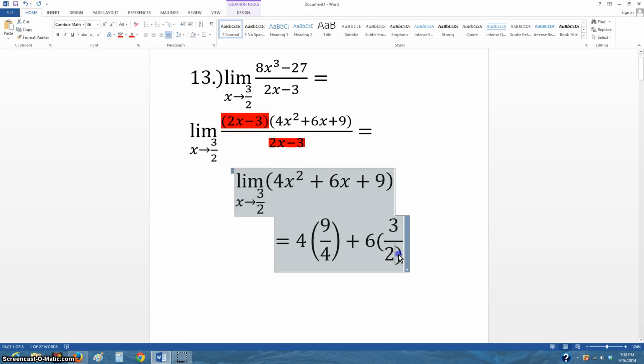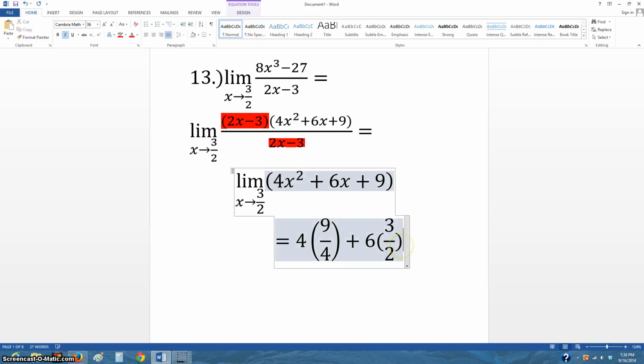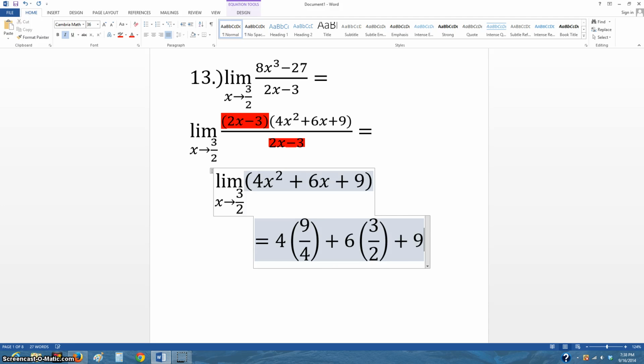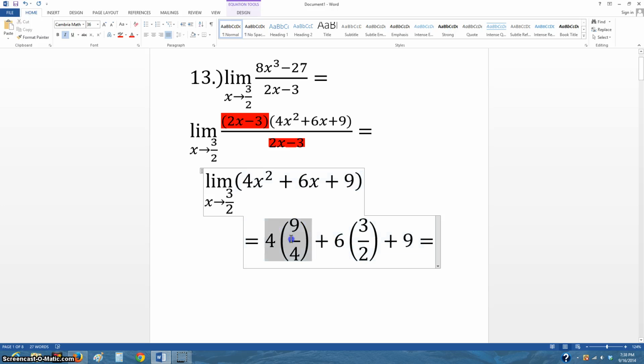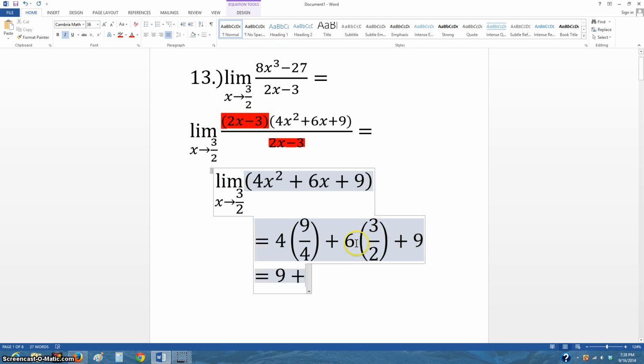Helps you practice with your fractions anyways. And then plus 9. Okay, equals this part right here, cancels out the 4, so that just leaves me with 9. Plus 6 times 3 is 18, divided by 2 is 9. Plus 9, which gives me 27 as my answer.